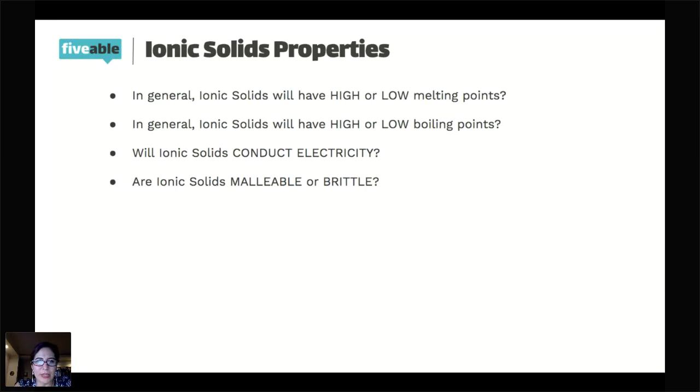What about electricity? We already talked a little bit about electricity. Will ionic solids conduct electricity? Remember, it was yes, if. What are the if points here?